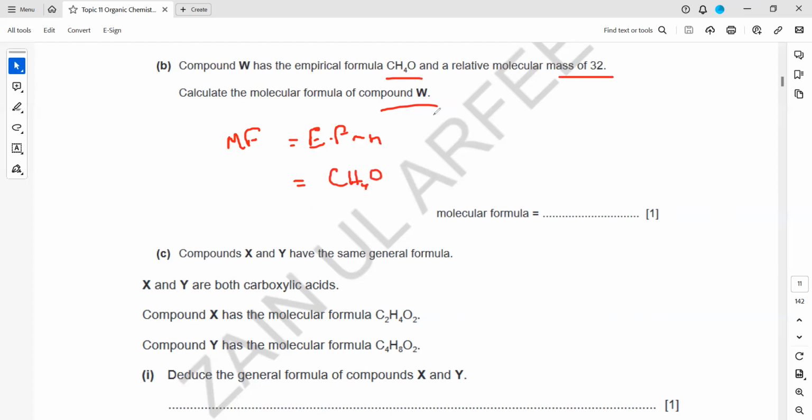And what about n? n is molecular mass over empirical mass. So molecular mass is given, 32, and empirical mass: carbon is 12, hydrogen is 1 into 4, plus oxygen is 16. That also makes 32. So 32 over 32 is 1. So when we have the same molecular and empirical masses, the empirical and molecular formula will also be the same.